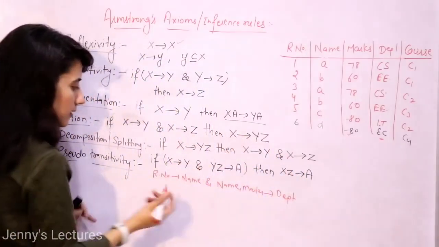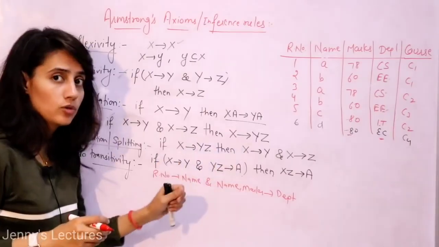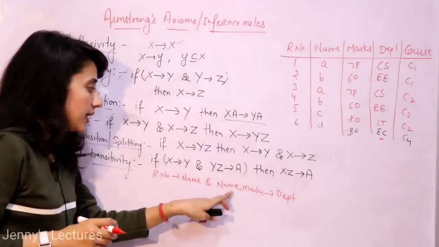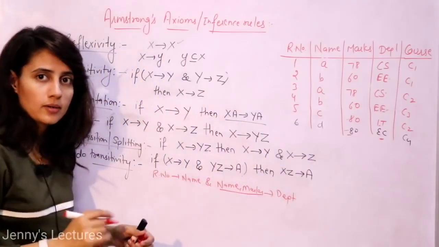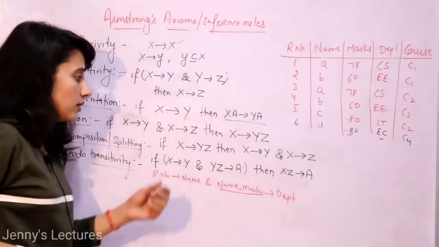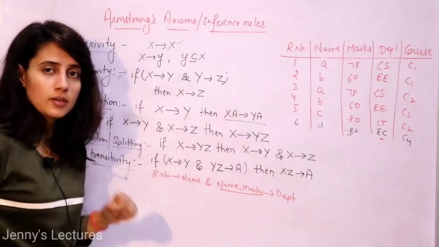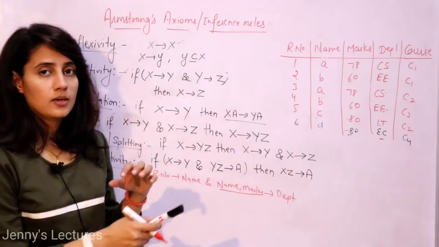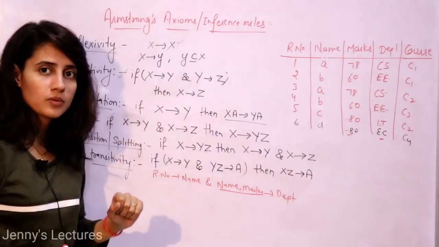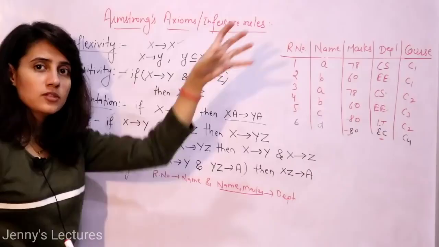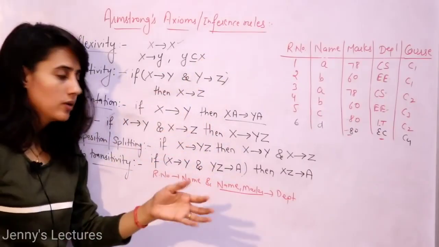Let us take an example. If I say roll number determines name, which holds on this table, and name and marks both will determine department, can you say that roll number and marks will also determine department? Yes, because if in my class I say roll number 15, tell me your name, and I assume that roll numbers are different, so using roll number I can determine each student, that is for sure.